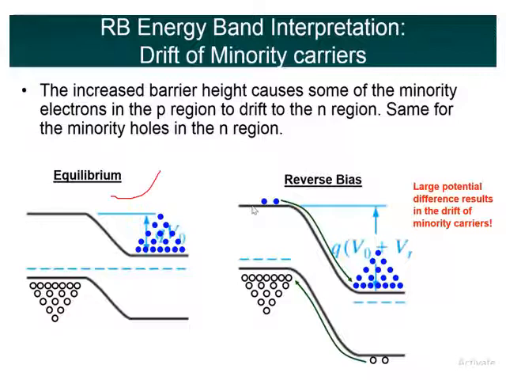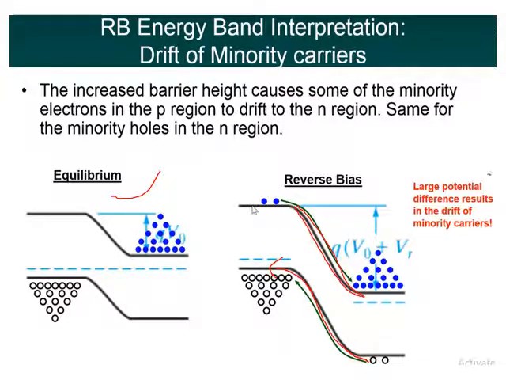Next one, you can visualize the movements also. Yes, this is in equilibrium, and as I said, the gap has been increased, right? So the holes need to climb up the slope. Yes, the slope is higher. So in this interpretation we can understand that because the slope is increased, or the depletion width is more, it is finding it difficult to move a larger distance.